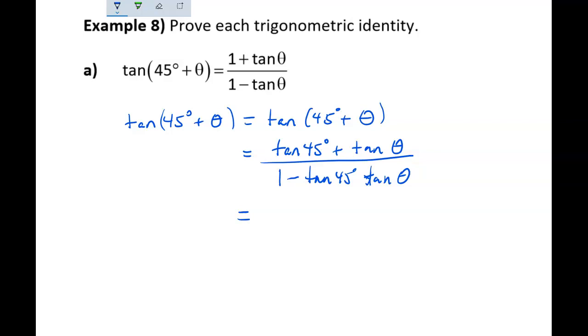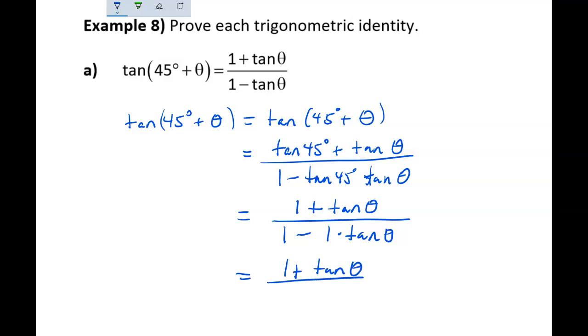Tangent 45 is a value that we should know. For 45 degrees, the opposite and adjacent are exactly the same size. That means that the tangent, opposite over adjacent, is equal to 1. Downstairs, 1 minus 1 times the tangent of theta. And that's pretty much what we're looking for: 1 plus tangent theta over 1 minus tangent theta.